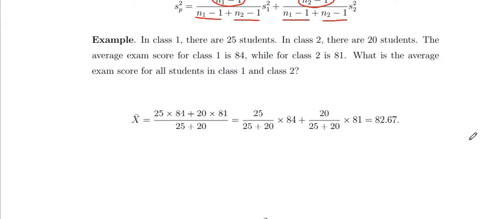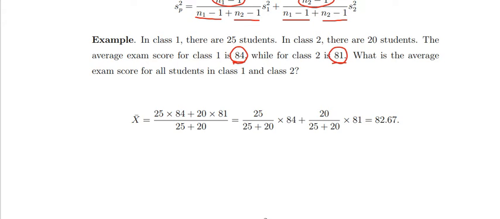is actually very common. A simple example: in class 1, the average is 84, and in class 2, the average is 81. So 84 and 81 are the averages for each class.